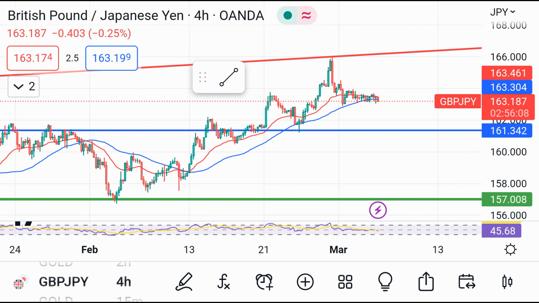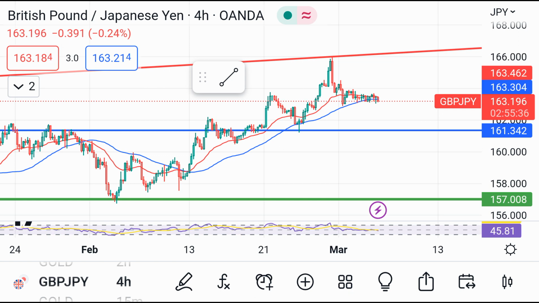The most important thing that I use is support and resistance, trend line, and then the moving average. But mostly I base my trade on the trend line and support and resistance. The moving average is just there for confirmation, but I don't trade based on the moving average.